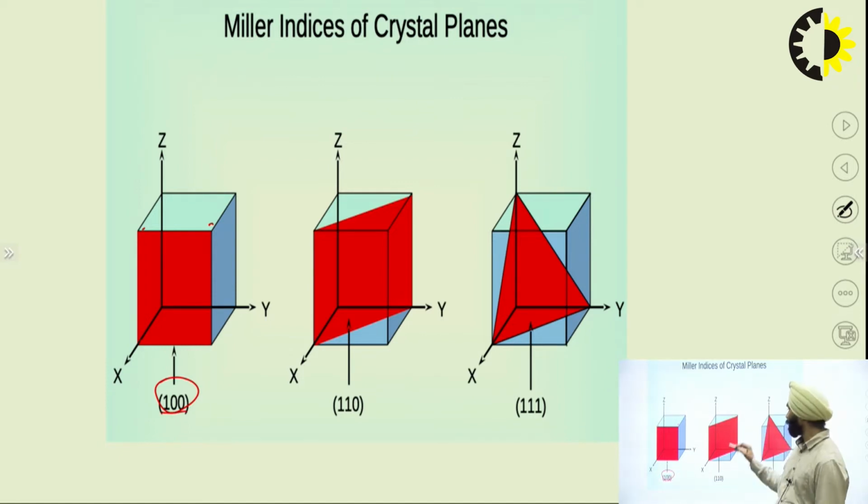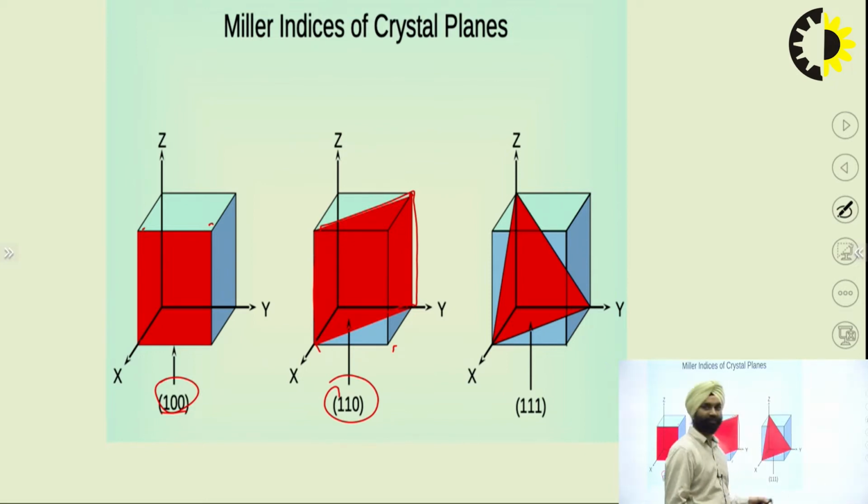Similarly, when one atom is present over here, that plane, shown in red, will have Miller indices of 1, 1, 0. The third type of structure that we have discussed will have 1, 1 as well as 1, so this plane is at 1, 1, 1.